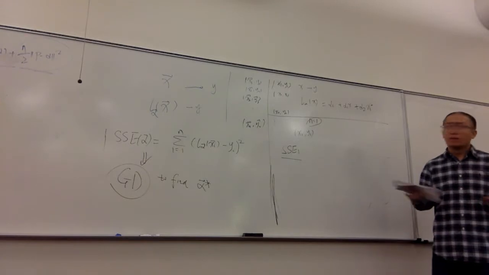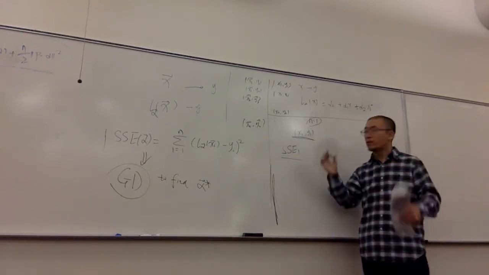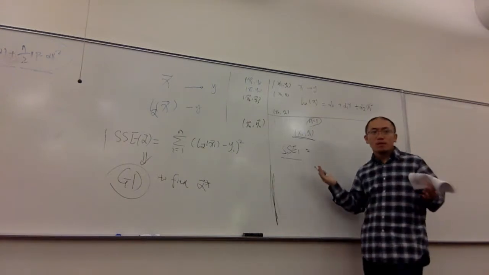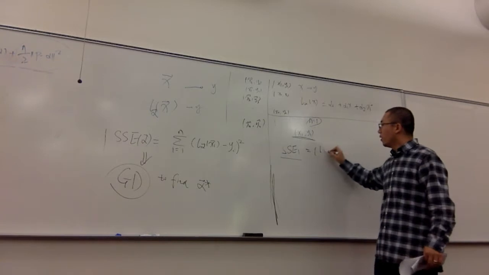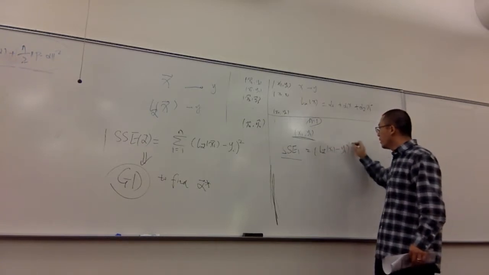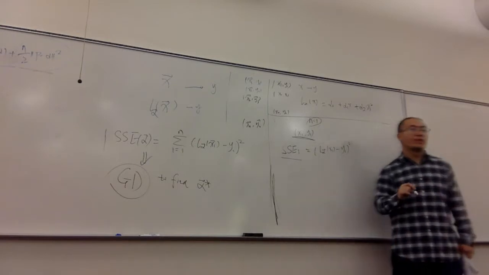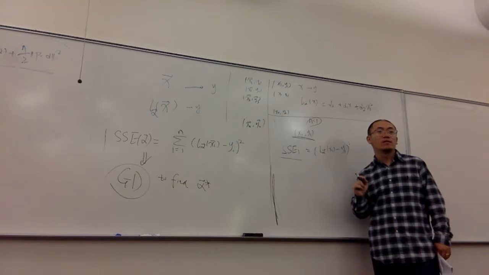Yeah. But remember, we assume we only have 1 training instance, right? So the SSE is just 1 square error, right? So it is (f_alpha(x1) minus y1) squared. That is SSE1 on a single instance.